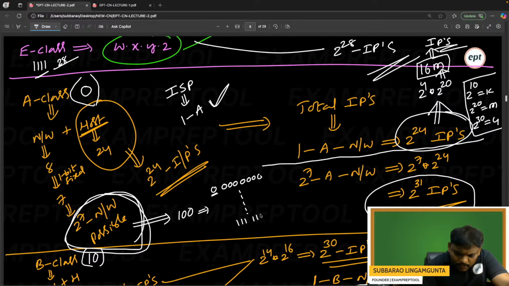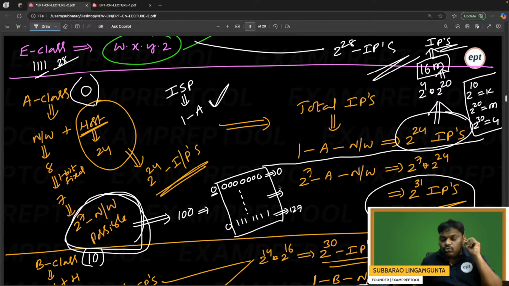This may be 0, and this is going to be 127. 100 is somewhere in between. So 2 power 7, that is 128, class A networks are possible.